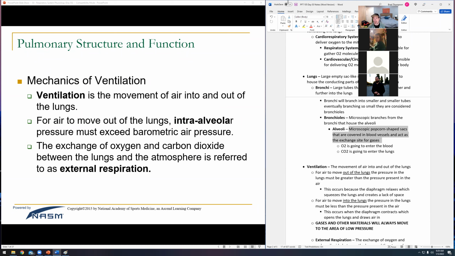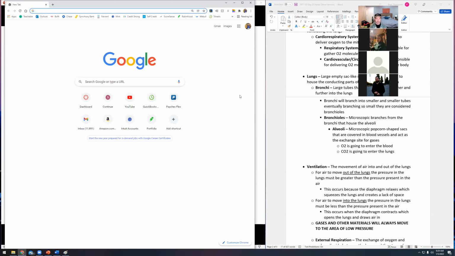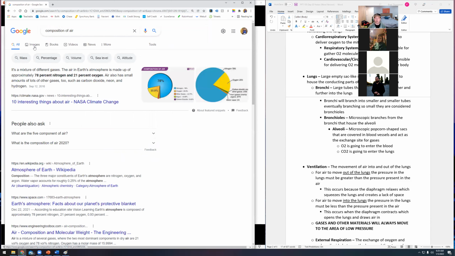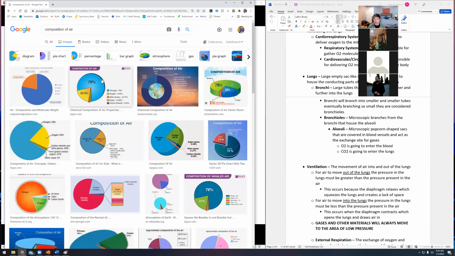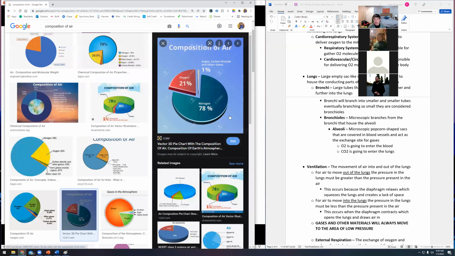Now, like I said, the atmosphere that we live in is not really fully oxygen. Let's talk about the composition of air. Air and oxygen are not quite the same thing. Air is a gas that makes up our atmosphere. And honestly, guys, most of it, about 78%, is actually nitrogen.